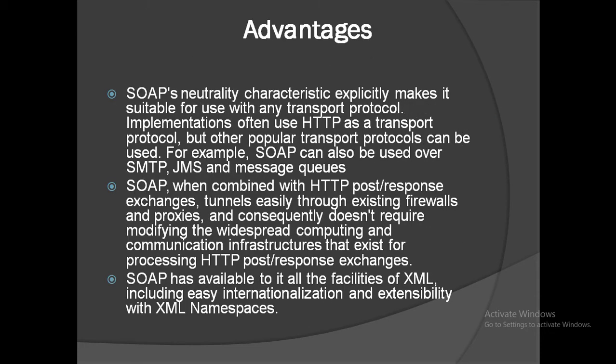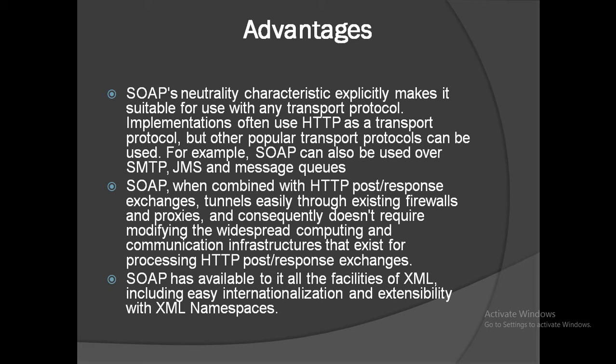For example, SOAP can also be used over SMTP, JMS, and message queues. SOAP, when combined with HTTP post-response exchange tunnels, easily goes through existing firewalls and proxies. It consequently doesn't require communication infrastructures beyond those that exist for processing HTTP post-response exchanges.